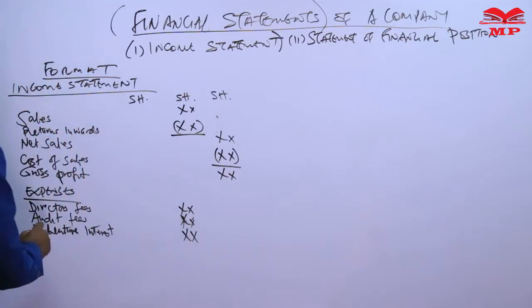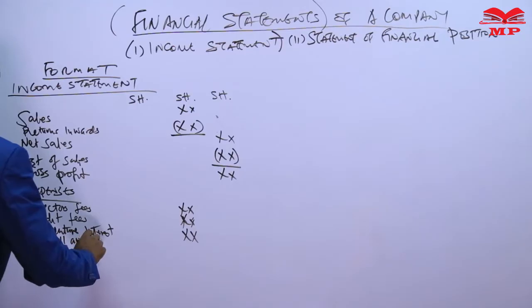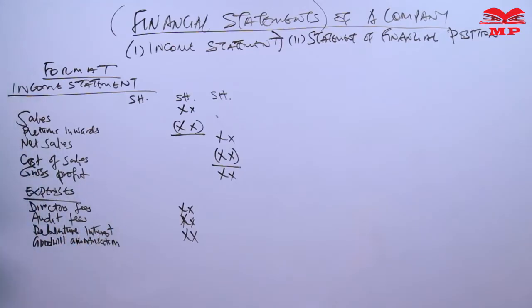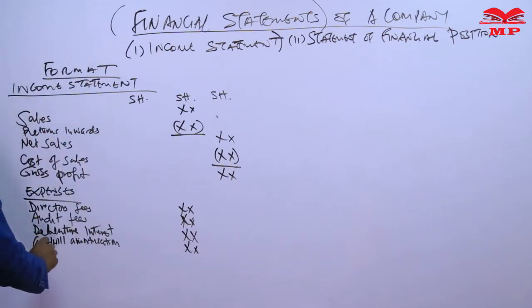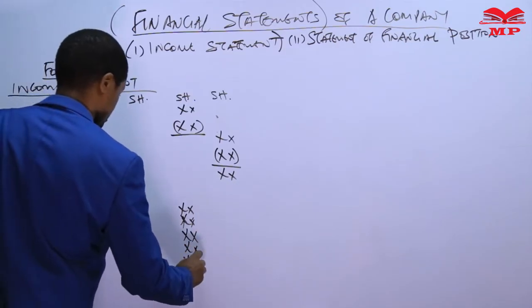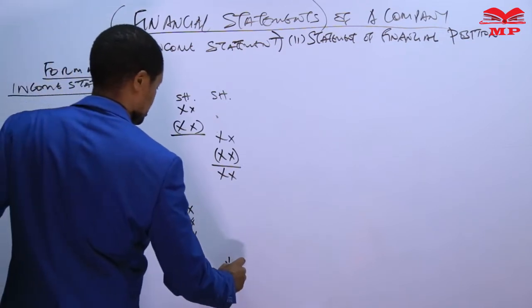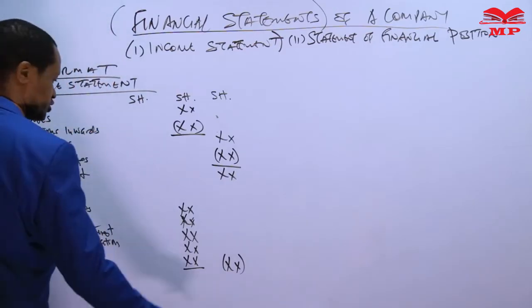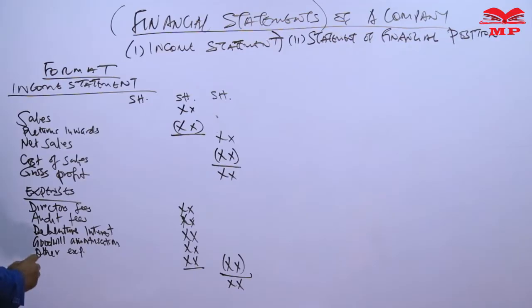Then we also mentioned amortization of goodwill, and the other expenses which I know you are aware of. All these are deducted from the gross profit to arrive at the net profit.